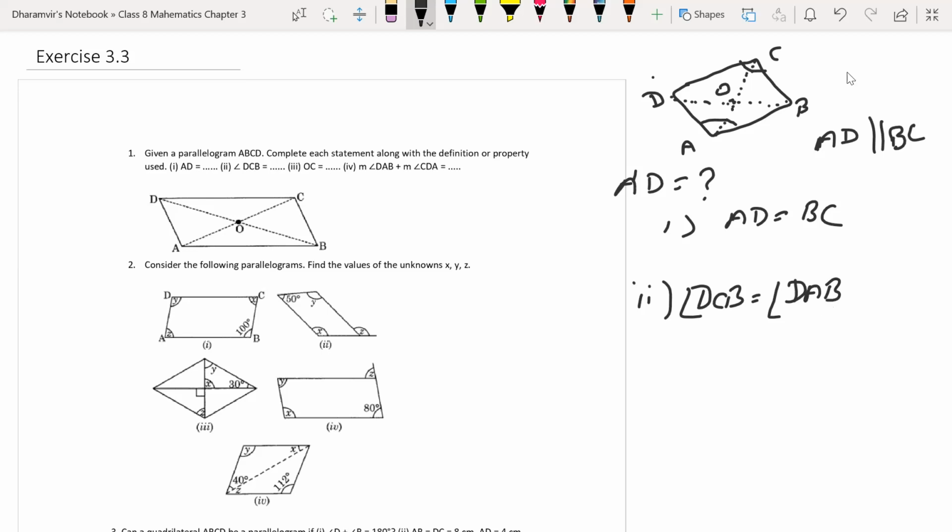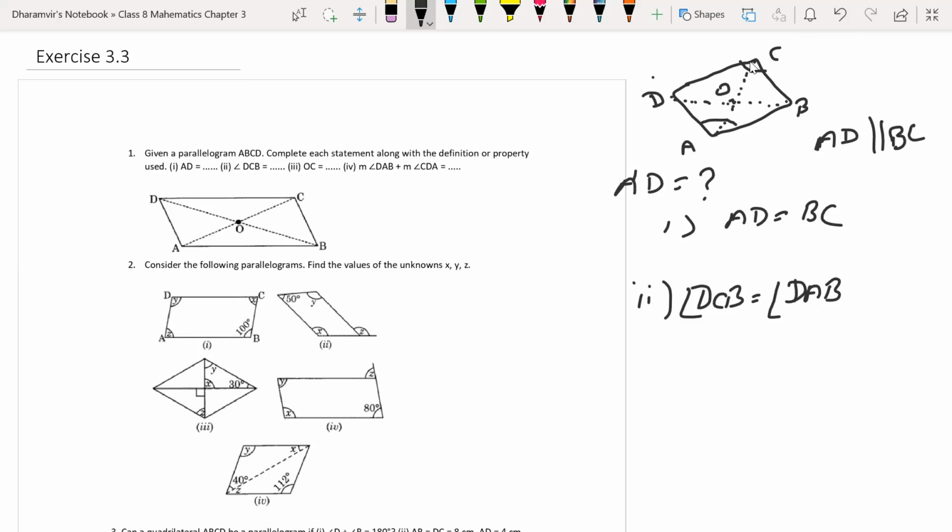Now third, OC is equal to what. We know that in a parallelogram, opposite angles are equal in measure, opposite sides are of equal length, and diagonals bisect each other.